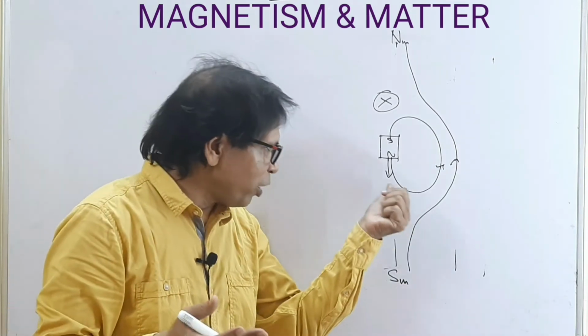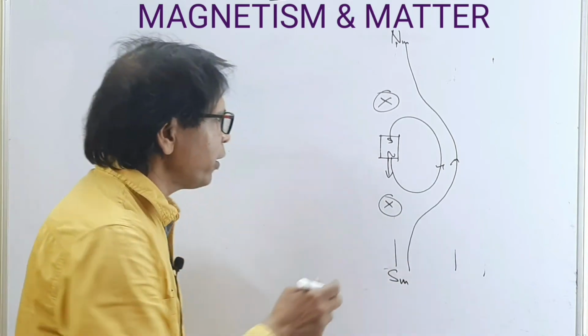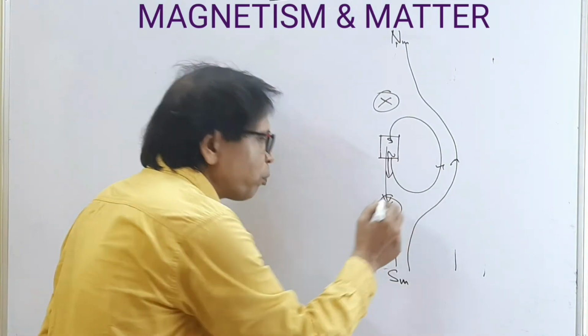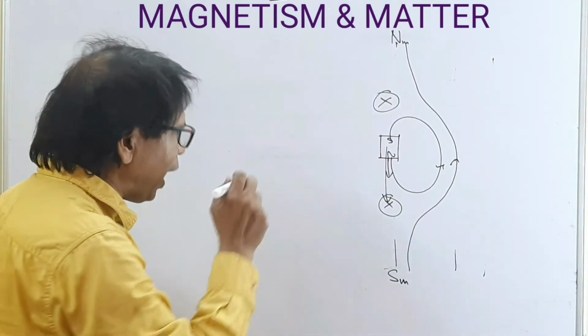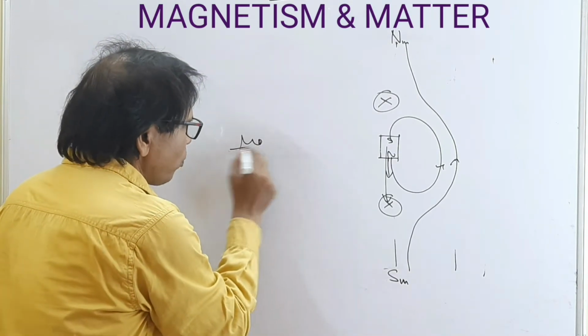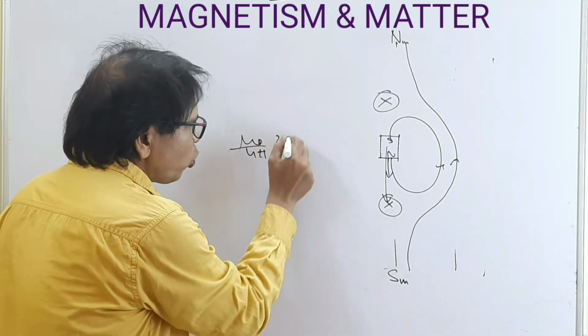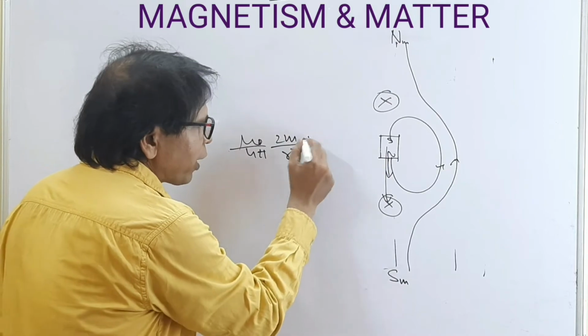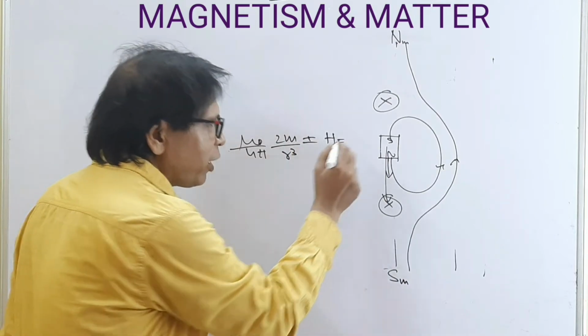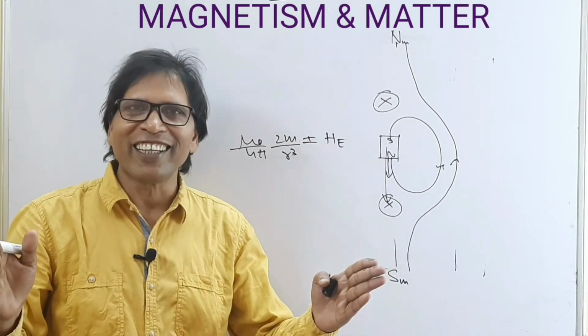Okay, so neutral point is obtained at this point. If distance of this point from the center of the magnet be r, then mu naught by 4 pi into 2m by r cube equal to horizontal component of earth magnetic field.